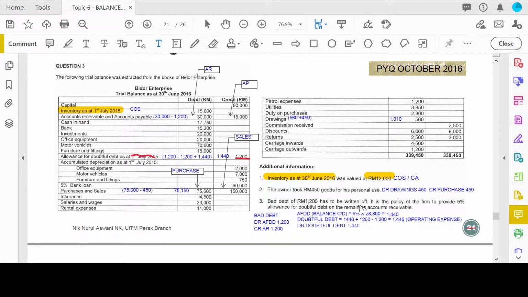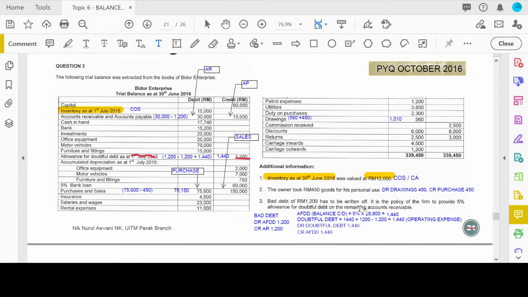And then to credit AFDD 1,440. So basically we are doing the same thing. You may use either way, whichever that you understand.